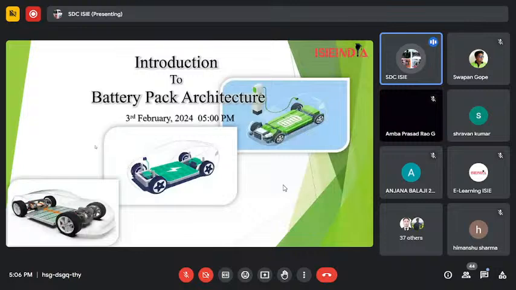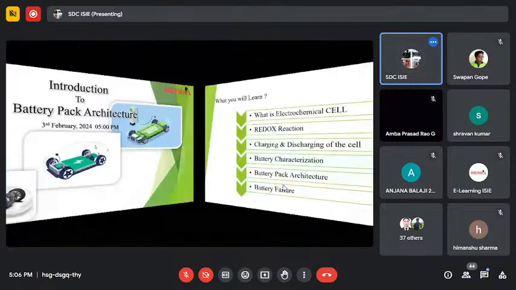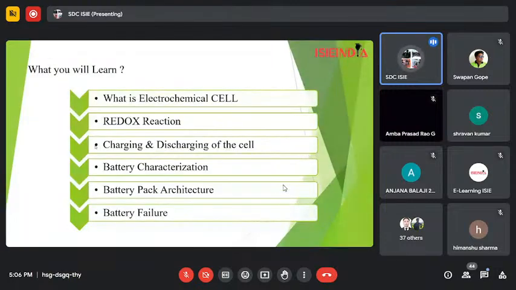So, what is the fuel source? A fuel source is nothing but a source whose stored chemical energy is converted into another form, like in our petrol or diesel car. Petrol or diesel is the source of energy there, and in the IC engine, the chemical energy stored inside that diesel or petrol is converted into mechanical energy.